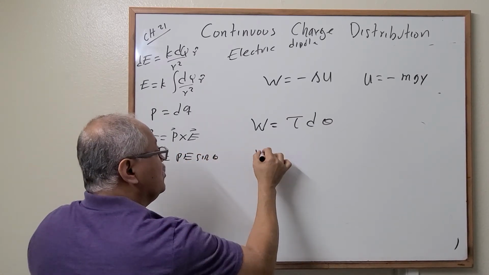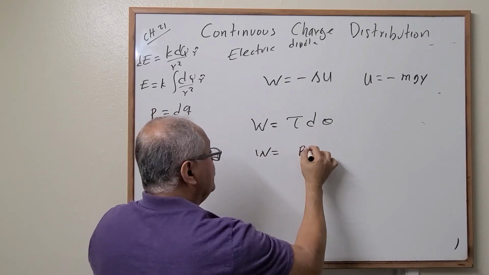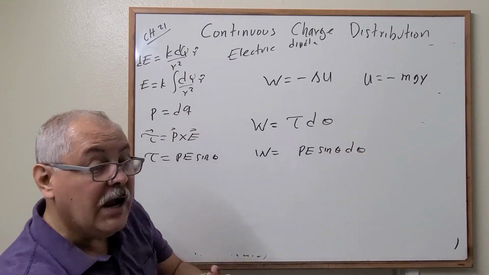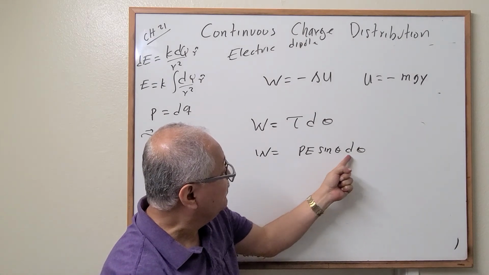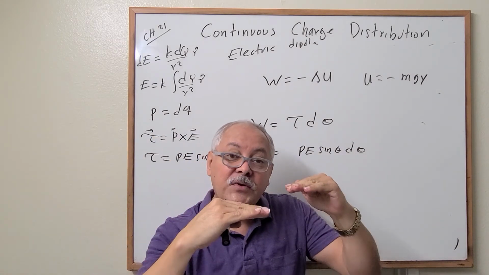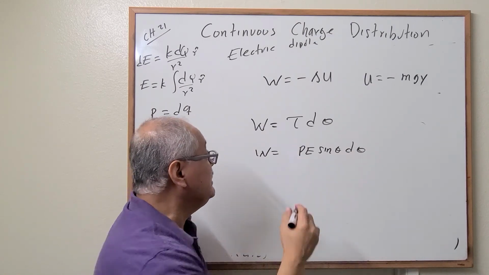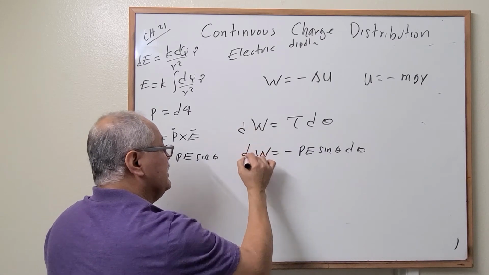Okay, so work is equal to tau, what tau is, P E sine theta d theta. But because the torque is in function of the angle theta, and the angle theta decreases, the change is negative, right? So this is the case when we have this element of work.